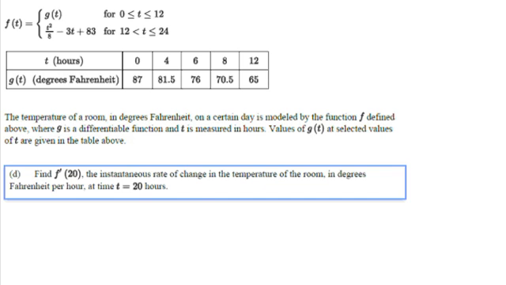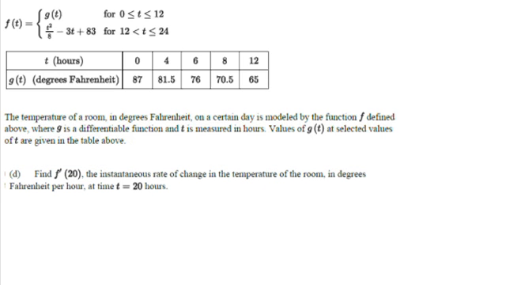And last but not least, we want to know our instantaneous rate of change in the temperature of the room at t equals 20 hours. So that means we've got f of t when t equals 20 hours. We're back to our t squared divided by 8 minus 3t plus 83.